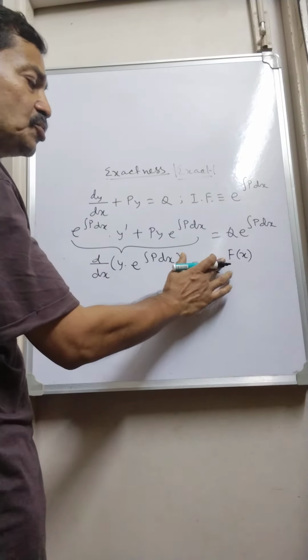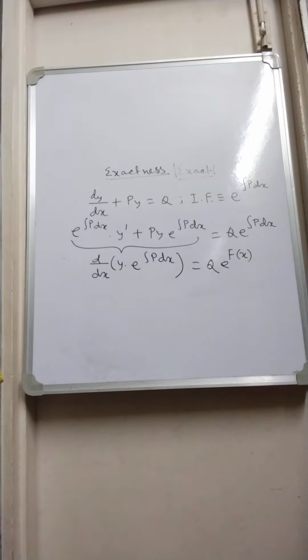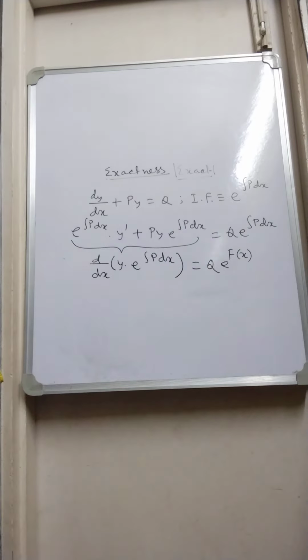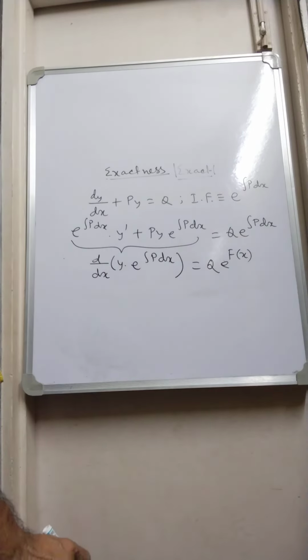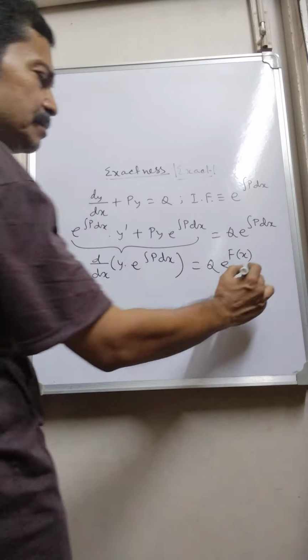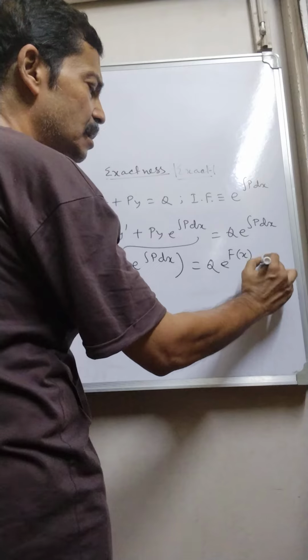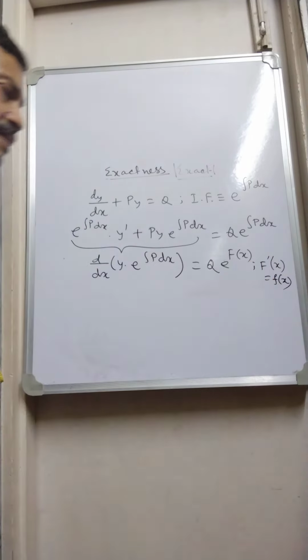Isn't it so? Because if we replace p by small f(x), and assume that integral f(x) dx, whenever it is integrable, gives another function F(x), we replace it with e to the power capital F(x), remembering that this is the derivative of it, this is f(x). Just remember this. Only then can we replace integral p dx by F(x).